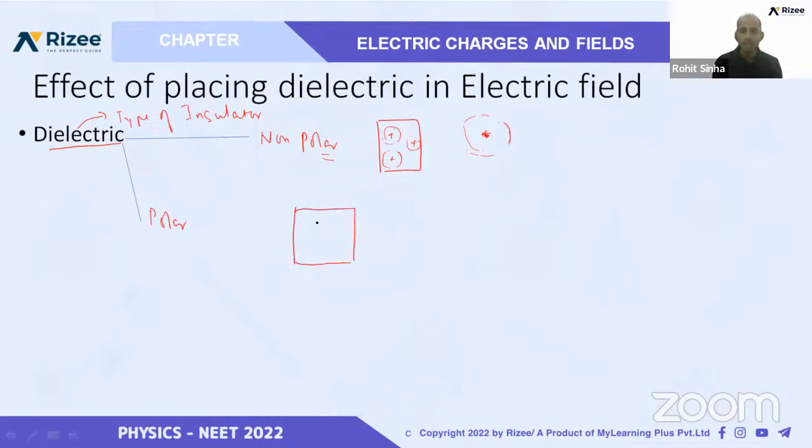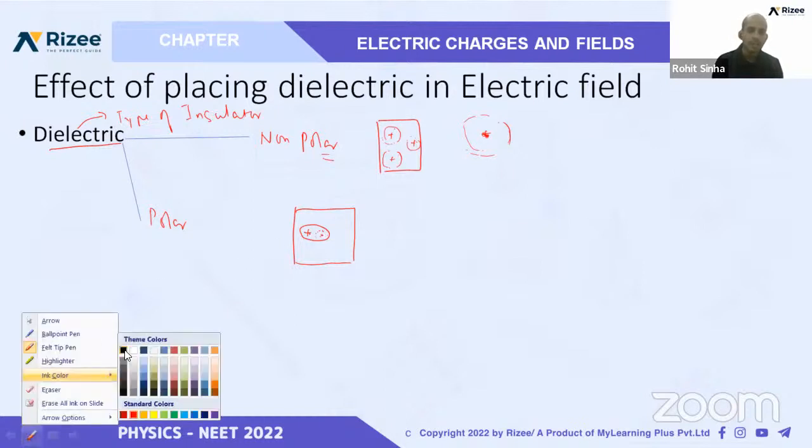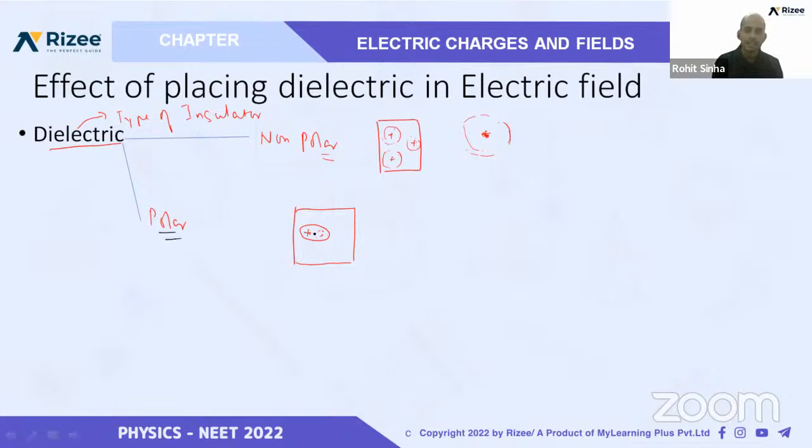But for a polar dielectric, charges are separated by a small distance. That is, the center of the nucleus and the center of the electron cloud never coincide here. They are separated by some distance, and we call it a dipole. We say that a permanent dipole is formed in a polar dielectric.